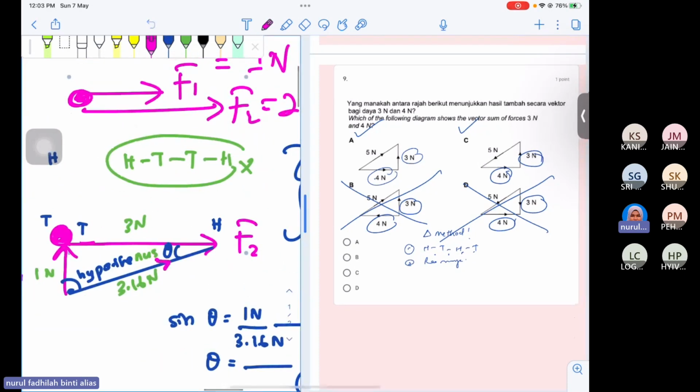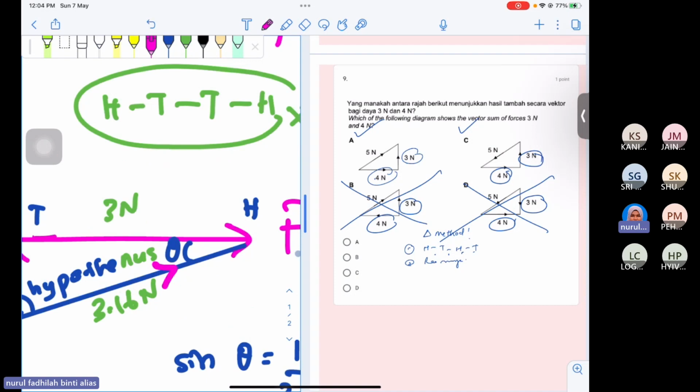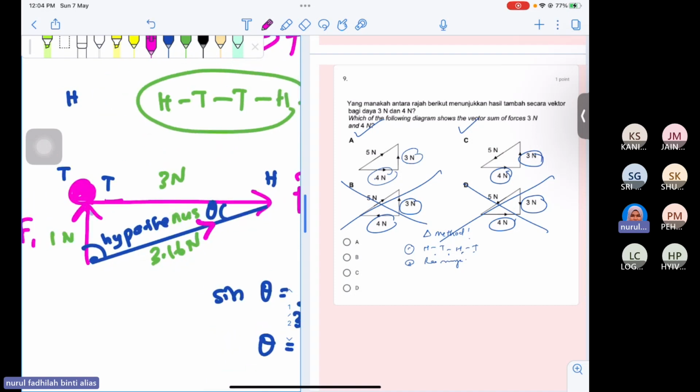If you look at this diagram, direction dia daripada satu arrow ke another arrow. Okay. Faham tak ni?